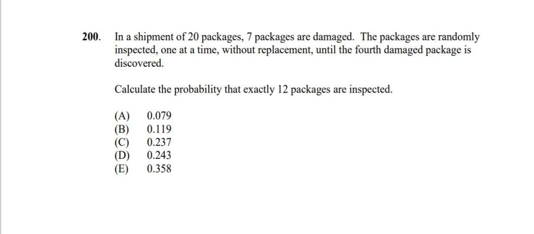So for this problem, this is a probability problem. We want to find the probability that exactly 12 packages are inspected. So here in total we have 20 packages. 7 are damaged.